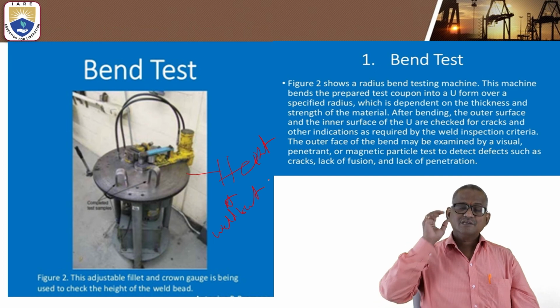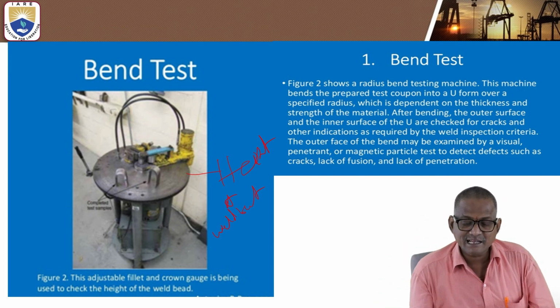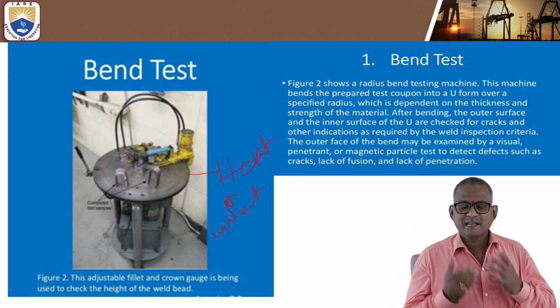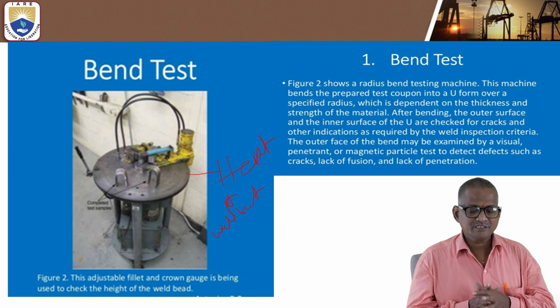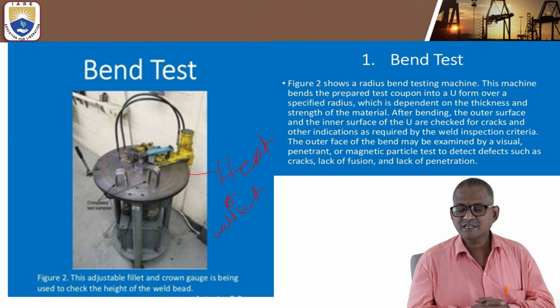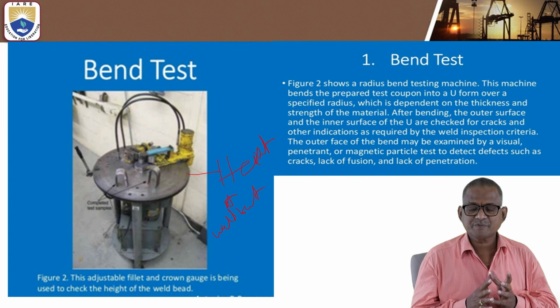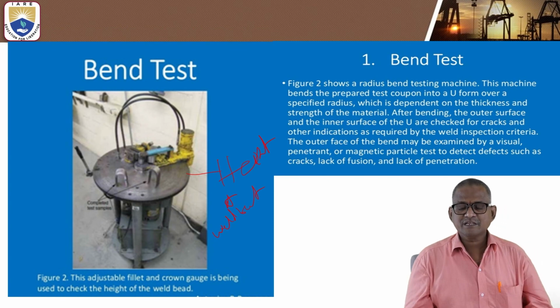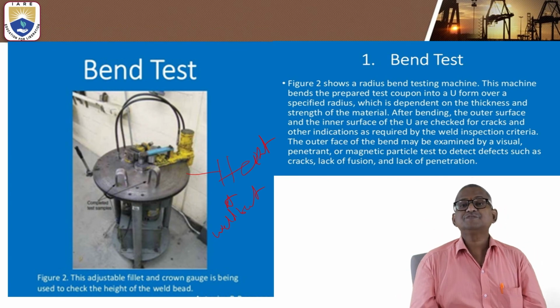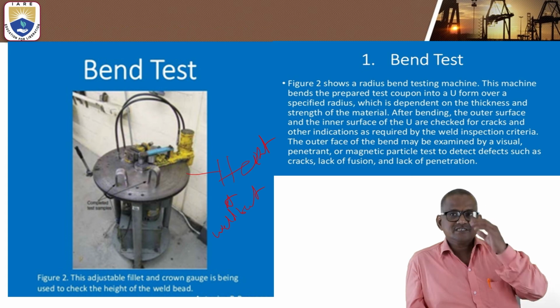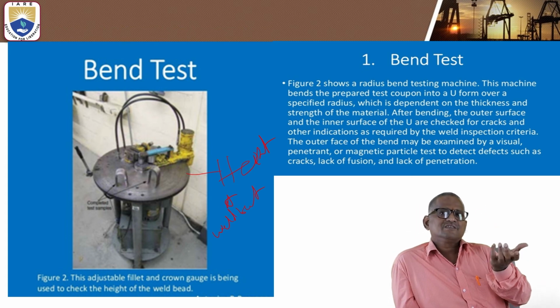In this figure you can clearly see the radius bend testing machine. In this machine, bends are prepared and the test coupon is formed into a U shape over a specified radius, which depends on the thickness or strength of the material.